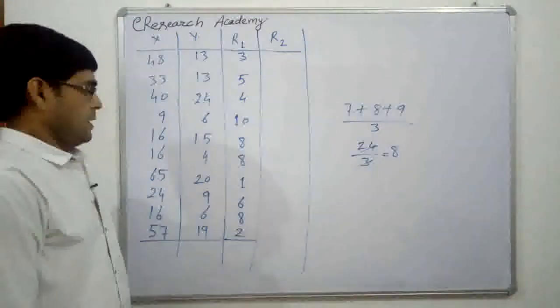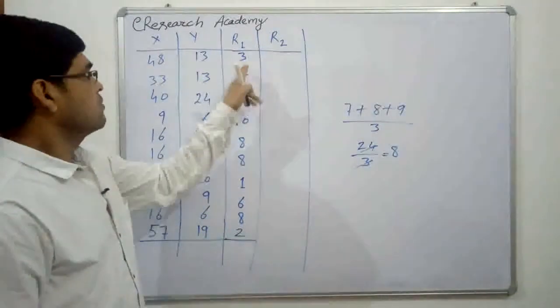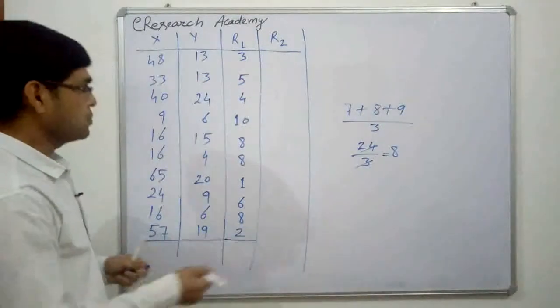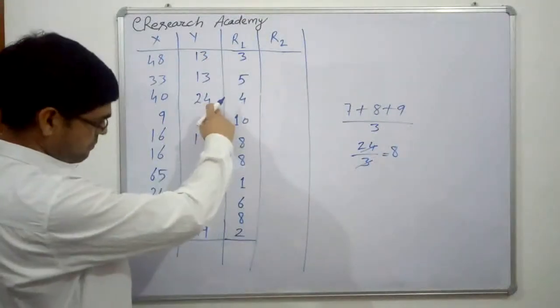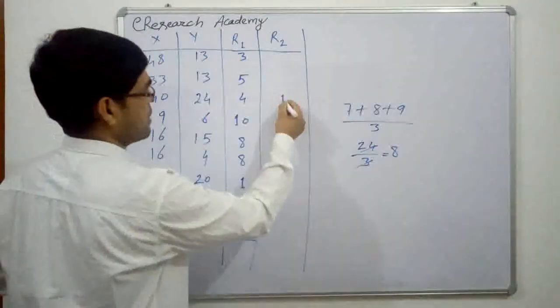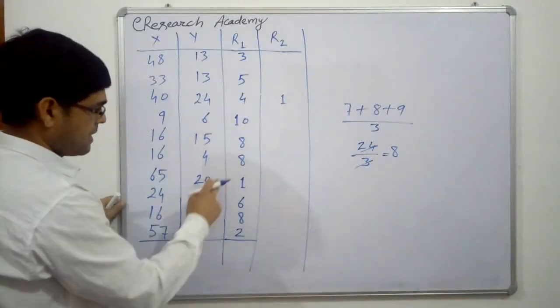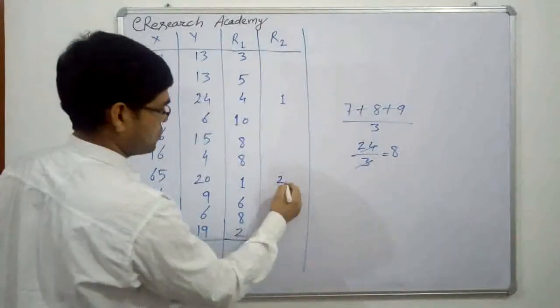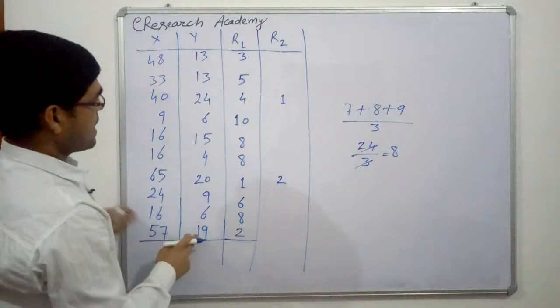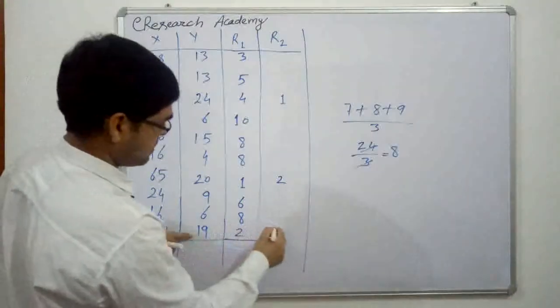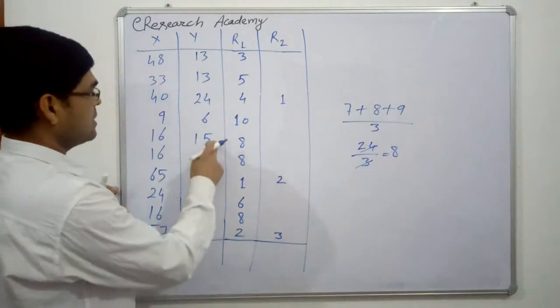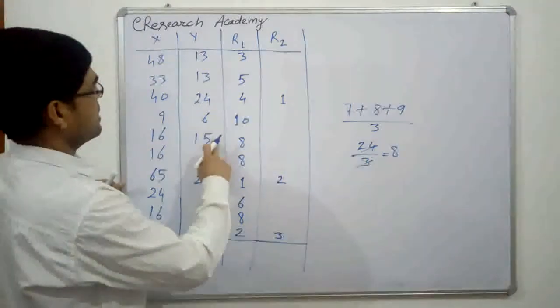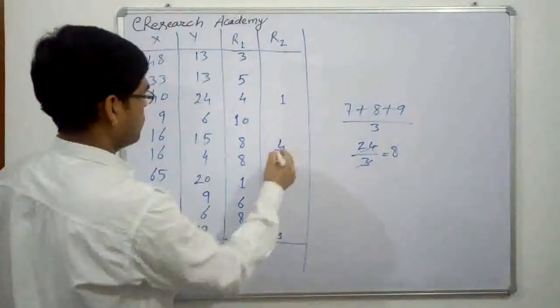Now let's move to the rank 2, or series 2. Here we have the highest value 24, give it rank 1, followed by 20, which is rank 2. Then 19 is rank 3, then 15 is rank 4.